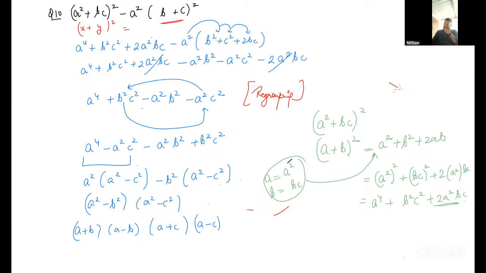I just multiplied a square within the bracket of BC, B plus C whole square. Will you be able to do that?